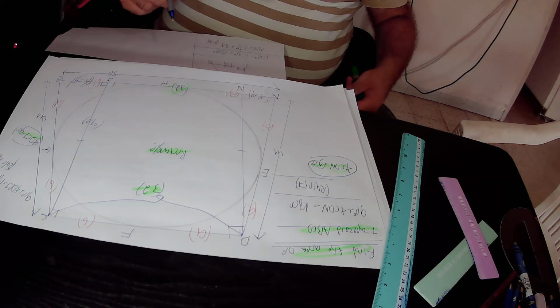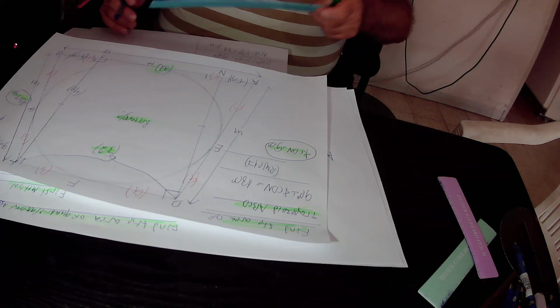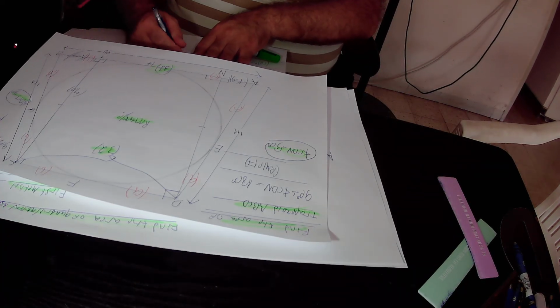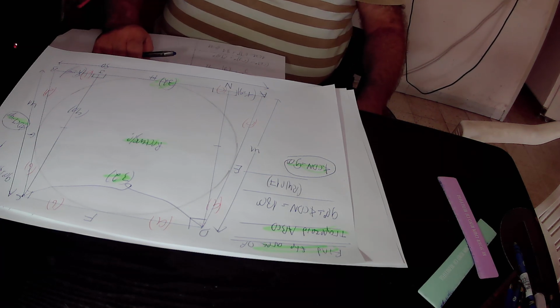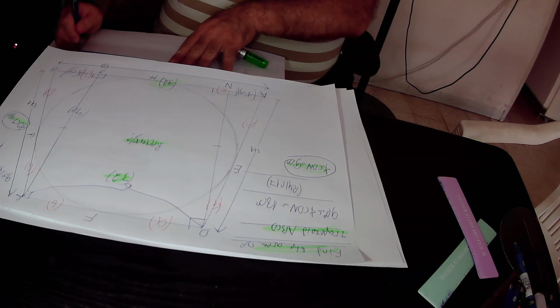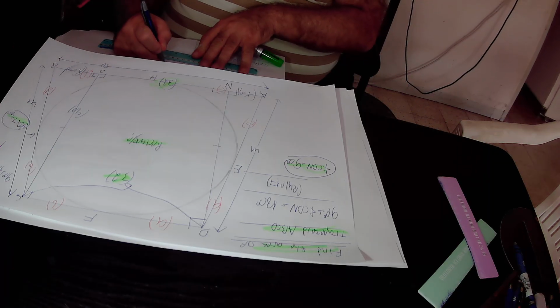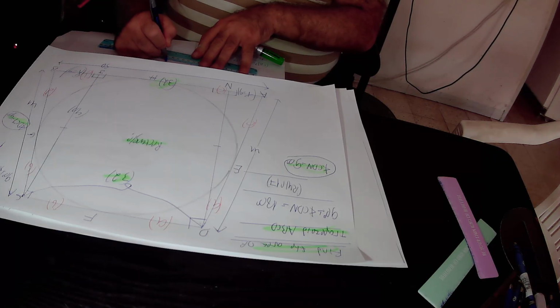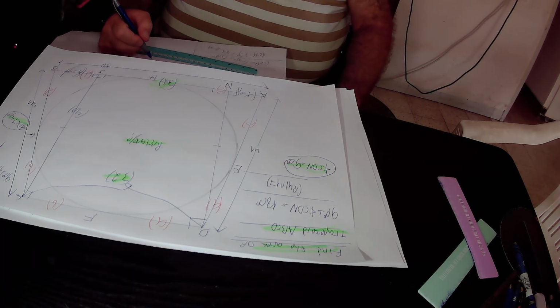Our task is to find the area of this trapezoid ABCD. In the beginning of the lecture, I explained to you that the area of a trapezoid equals the sum of its two parallel bases times the height over 2. Therefore, the area of this trapezoid ABCD will be equal to the sum of its two parallel bases.